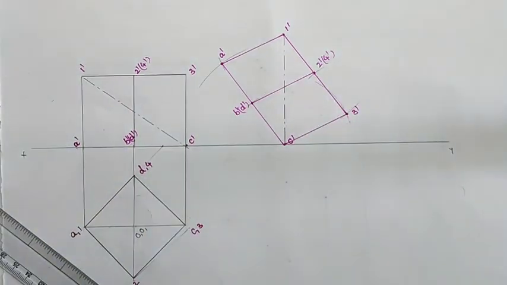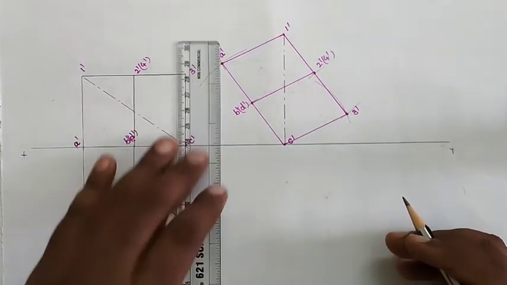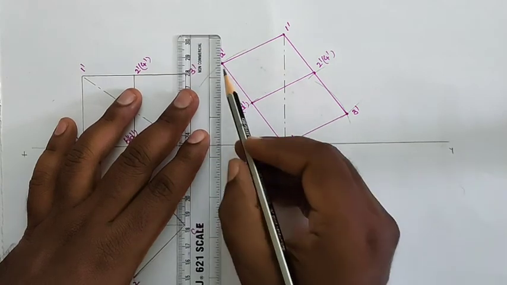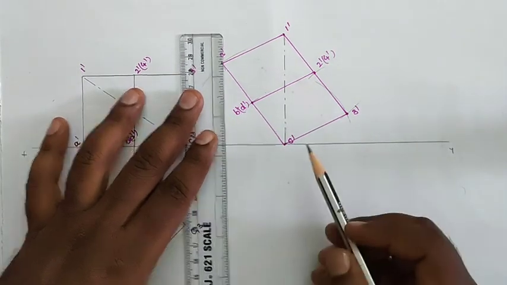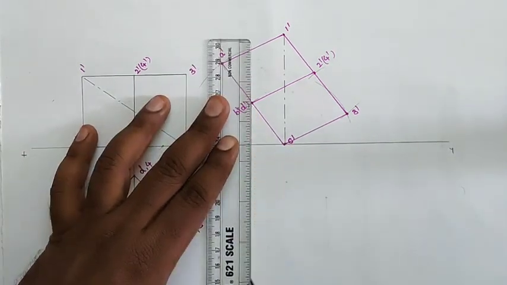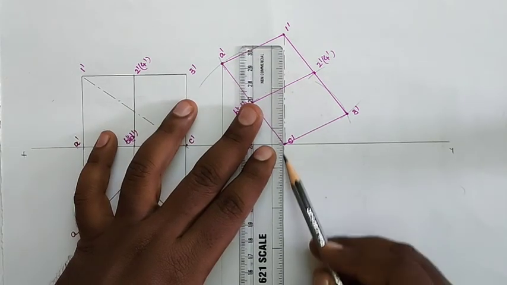Now from the second front view, draw the vertical projection lines from the points on the second front view.